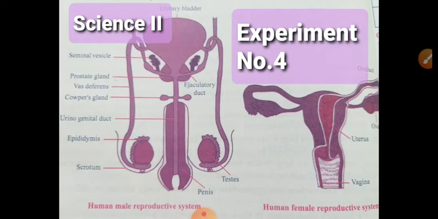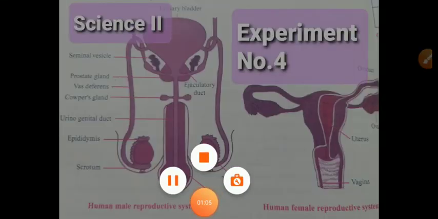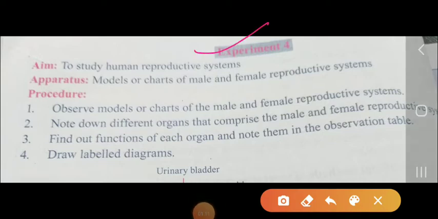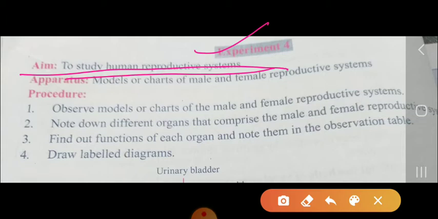I'll just explain through the slides so that you can understand properly. Here is experiment number 4, to study the human reproductive system. What apparatus will we need? A model or chart of the female and male reproductive system.